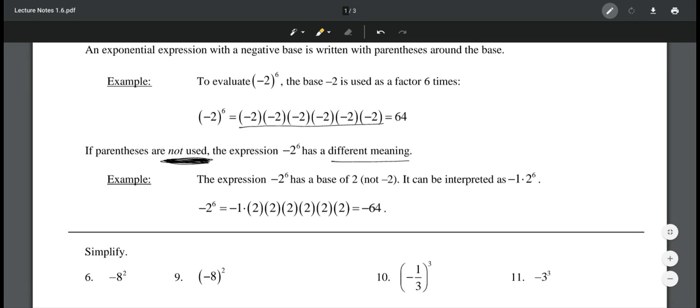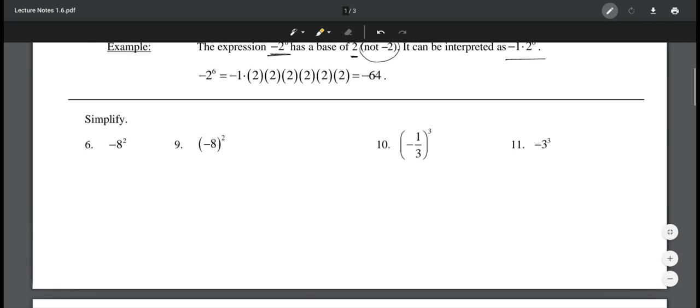The expression negative 2 to the 6th power without parentheses has a base of 2, not negative 2, because if they wanted the negative to be included, they would have put parentheses around it. So this problem can be interpreted as -1 times 2 to the 6th power. So your outcome would be negative.